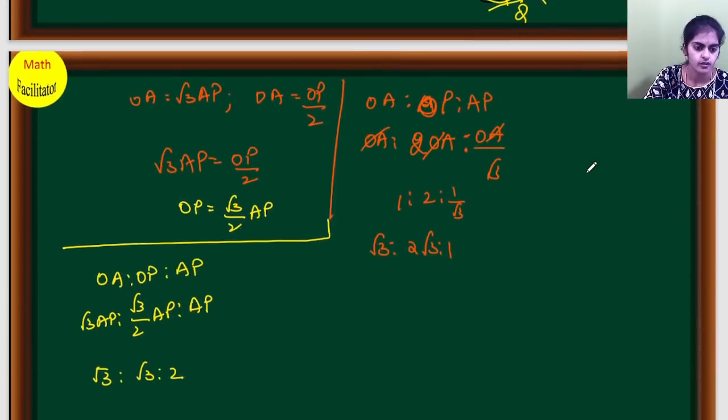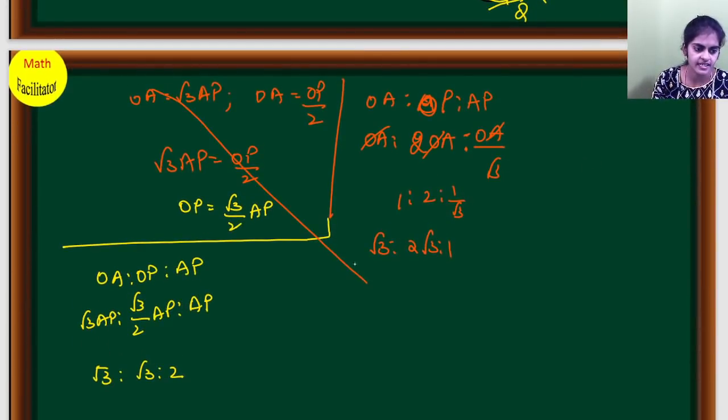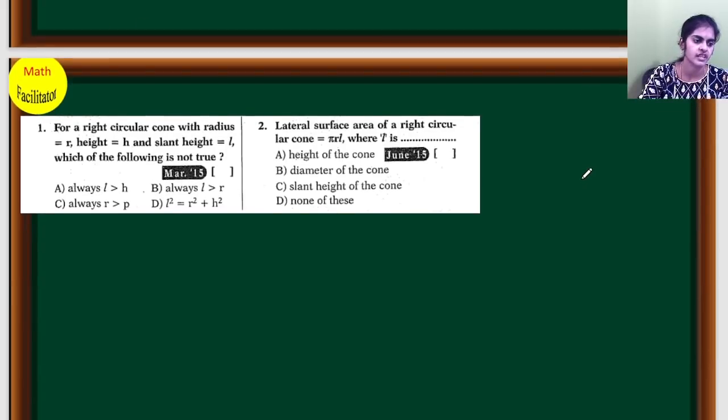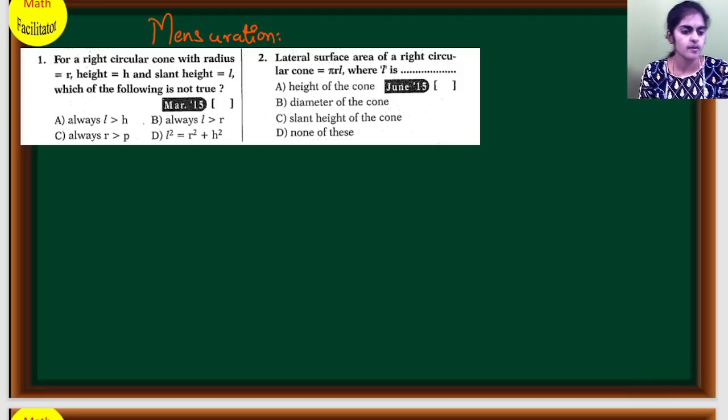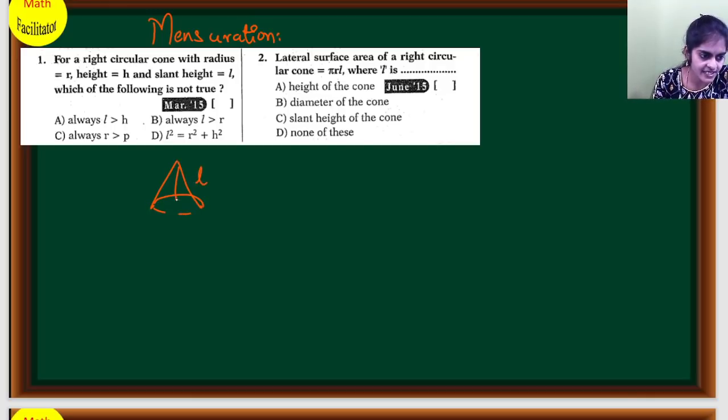Right. So this slide, please don't take this slide. Now we are moving into mensuration chapter. From a right circular cone, radius, height is given to you, slant height. So if it is a right circular cone, always slant height is greater than radius and your height.